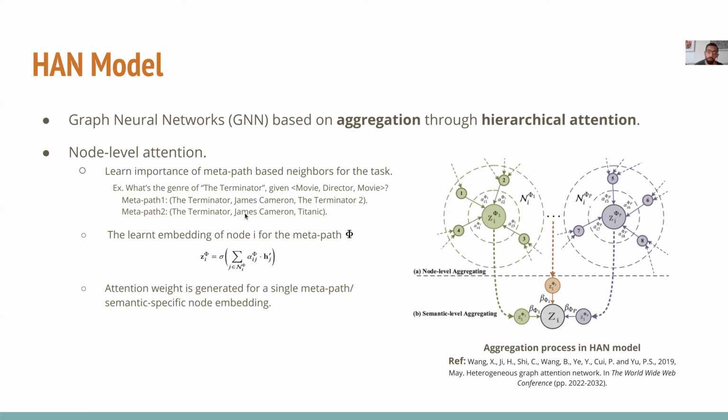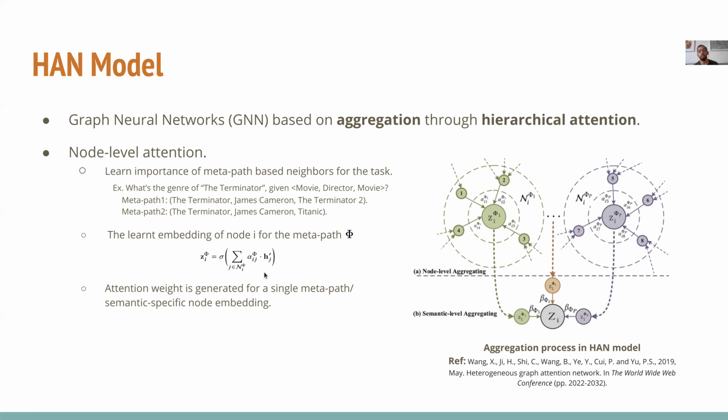And this is the formula. I don't want to go through the formula right now, but basically H is the embedding of the neighbors, and they are aggregated, as a kind of aggregated mean, through a nonlinear function, and here we get theta, which is the embedding for node zi in the metapath theta.